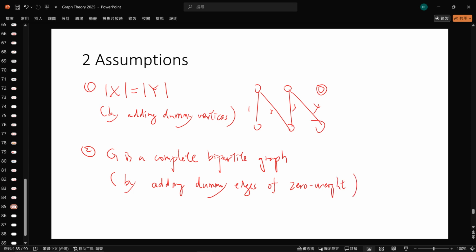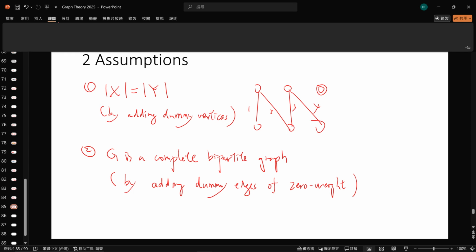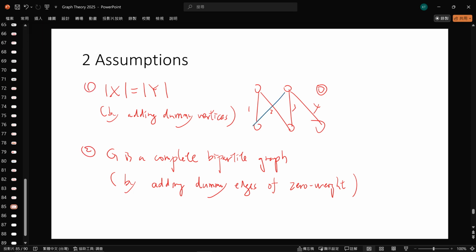In the example here, we can just add these blue edges, and these blue edges have weight of 0, so it does not change the solution.